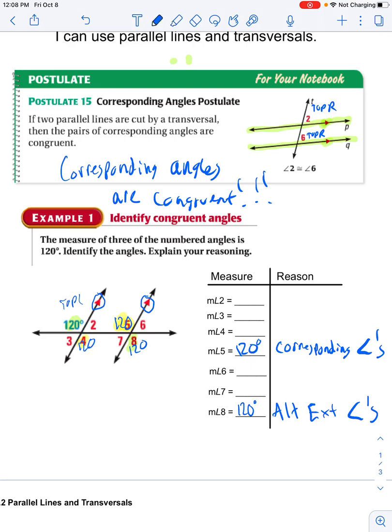So again, I can say that these are congruent because of alternate interior angles. So they're alternate interior angles this time.